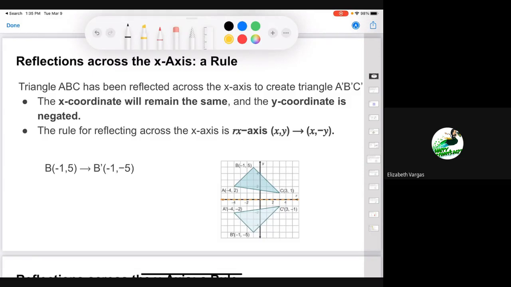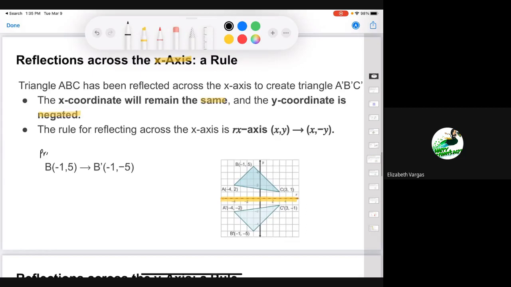So, for example, if we have reflection across the x-axis, we have reflection across this axis right here, okay? The rule for reflection across the x-axis tells us that the x-coordinate remains the same and the y-coordinate is negated. So this would represent my pre-image point, and this would represent my image after the reflection.